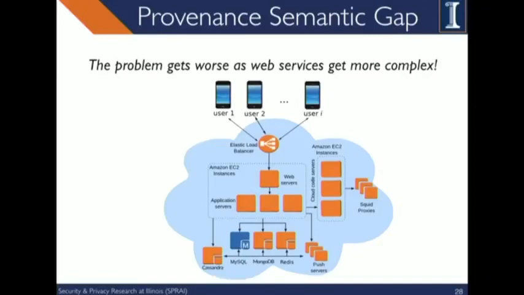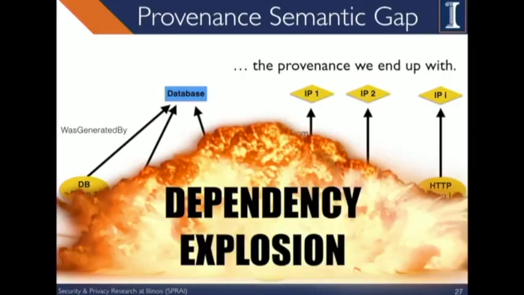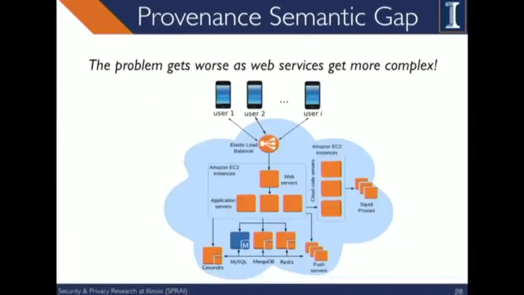We have a number of different database backends, and we also have a test environment that the developers of the service are using. And so, as we think about this dependency explosion problem, if we took this workflow and sent it through a realistic web application, we would just have a completely unusable record of that individual web request that would basically span the history of everything that's happened in the system.